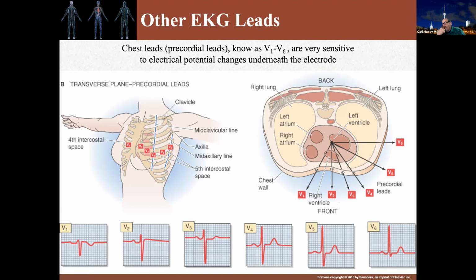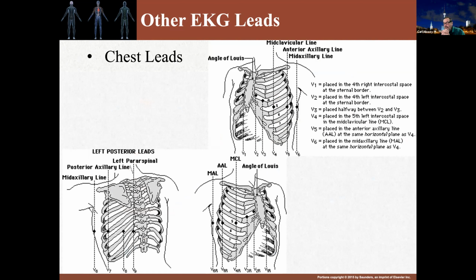So you can again see that, notice V4 and V5 should have very strong positive components, as also to some extent should V6, because V4, 5, and 6 are in fact mostly concerned with the left ventricle, and it's got a much larger mass, so therefore should have a much greater amount of current in it.